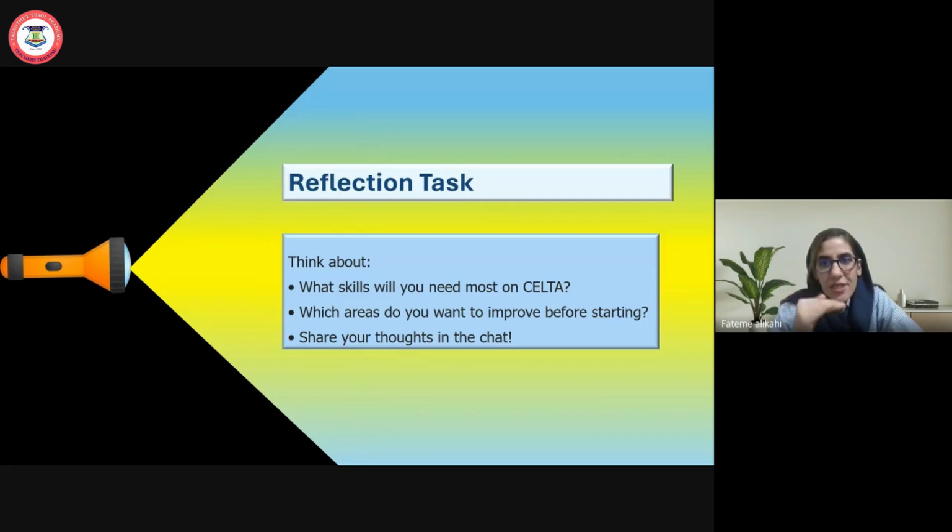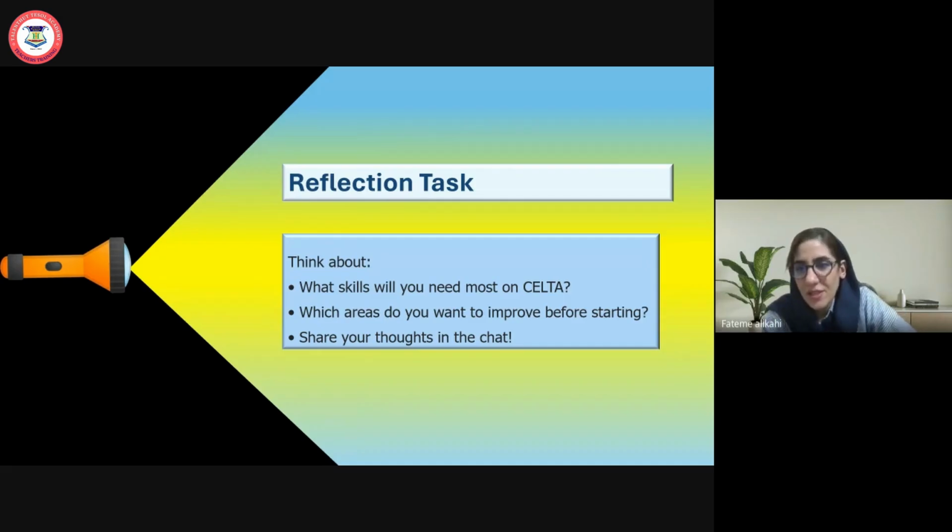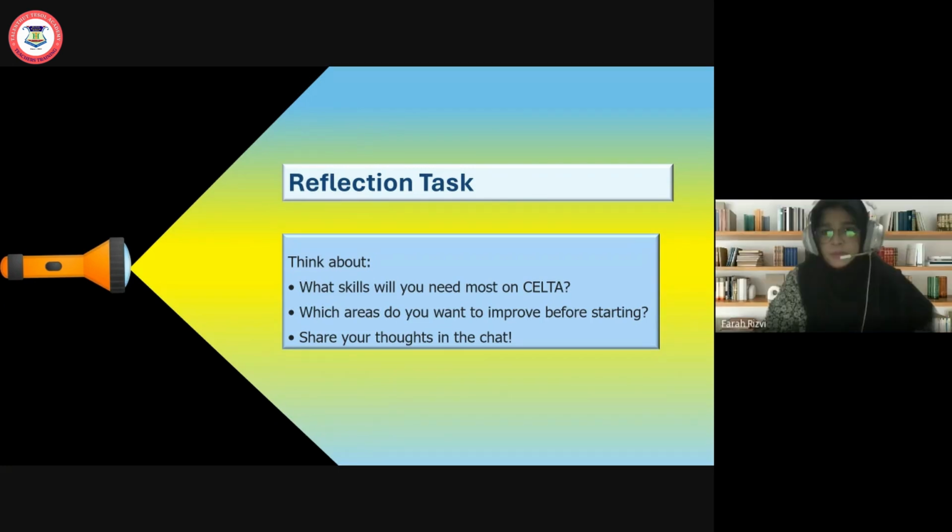We had reducing TTT. TTT, yes, test, teach, test. Okay, I got it. Classroom management, managing time, TTT vs STT balance, dealing with mixed abilities. Yes, it is very important to learn TTT and STT balance.